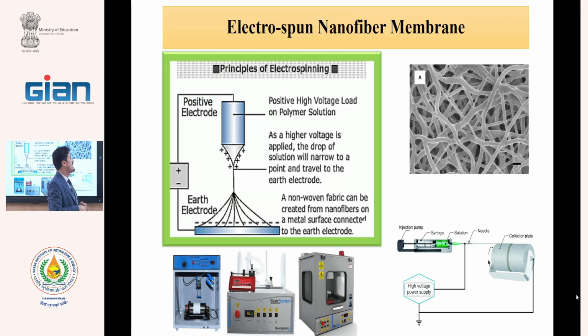Therefore, usually a mix of acetone is used, and at this distance and with a temperature, usually 40 centigrade in this chamber, the produced nanofibers rapidly change from liquid to the solid state.